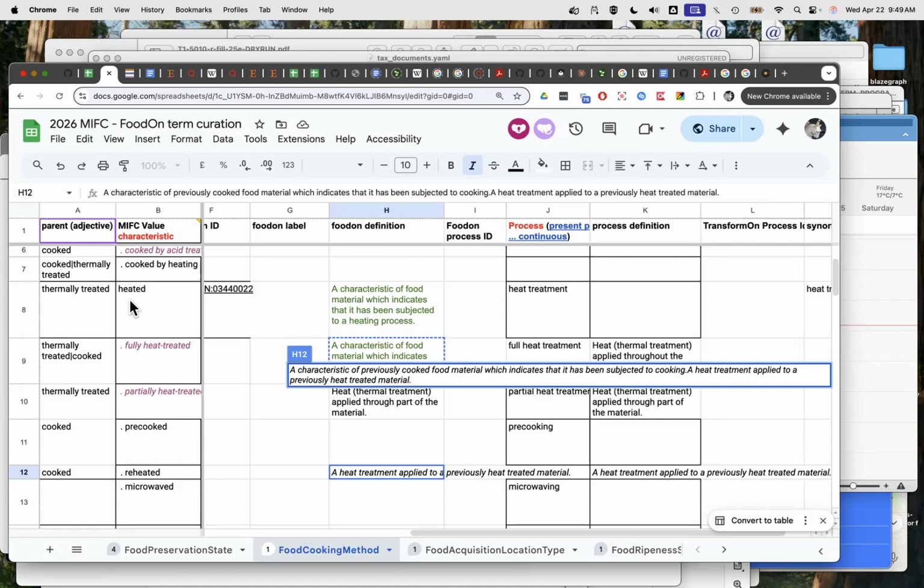So what I have here is that heated commits to some thermal treatment, increased thermal treatment, but it doesn't commit to being cooked. So I think that would allow us to say a characteristic of previously cooked food material, which has been heated again, just to be clear.